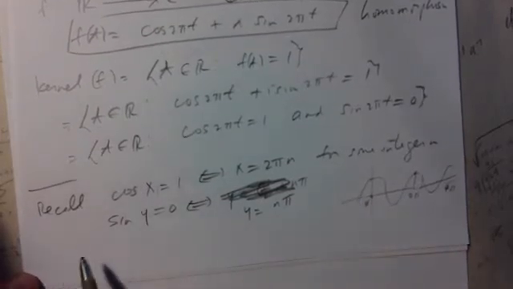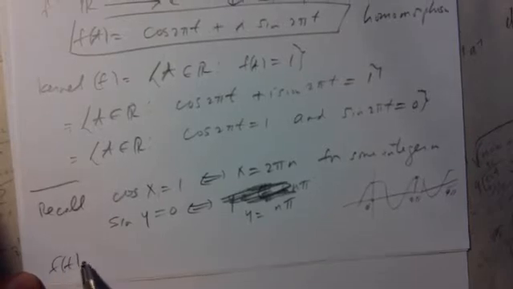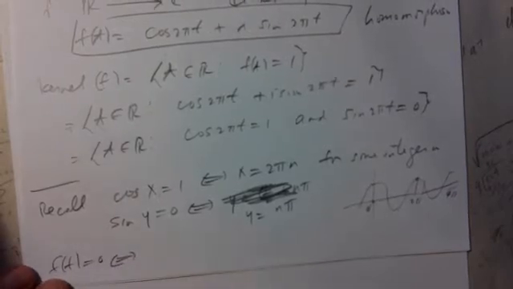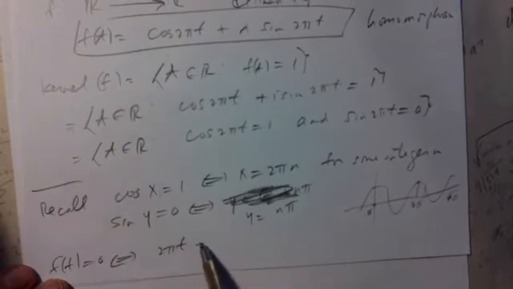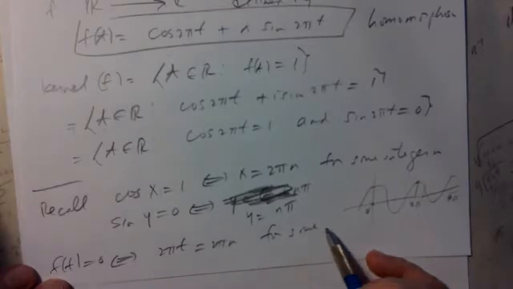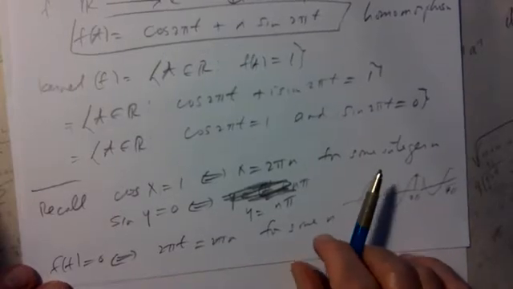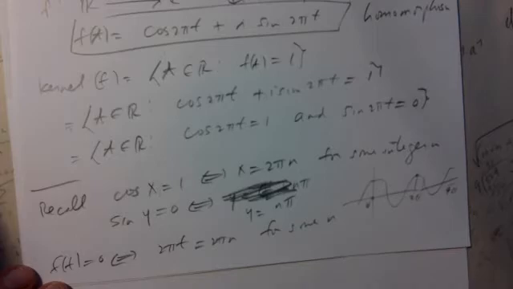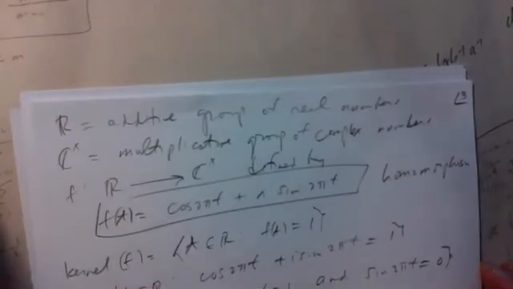So f of t is 1 if and only if 2 pi t is 2 pi n for some integer n. That's the kernel. So we have f of t is cosine of 2 pi t plus i times the sine of 2 pi t.